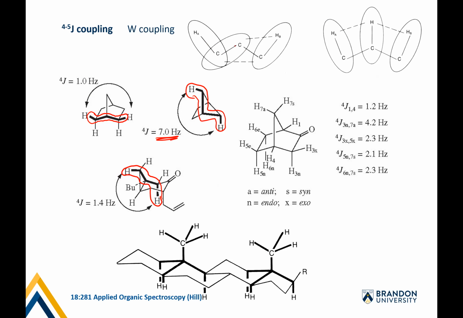And the theory is that there's good overlap here because of this dihedral angle, and then there is good overlap here in the pi to pi star sort of orbital. That's what I think this diagram is trying to depict here. But you'll see that most of these values are quite small. This one's actually quite large. This one is 7 Hz, which is enormous for a W coupling.